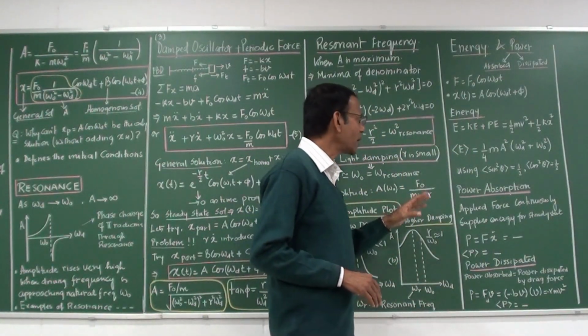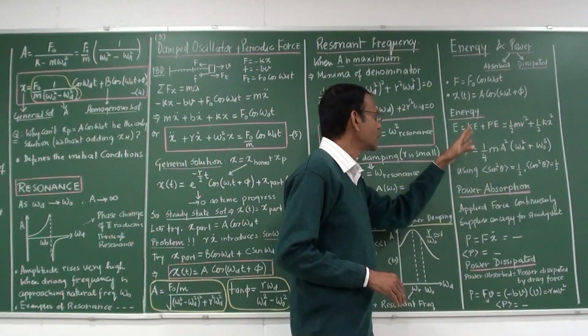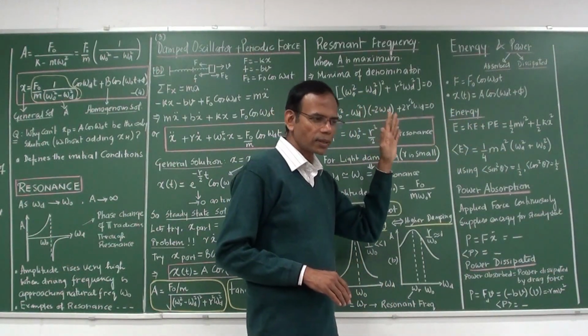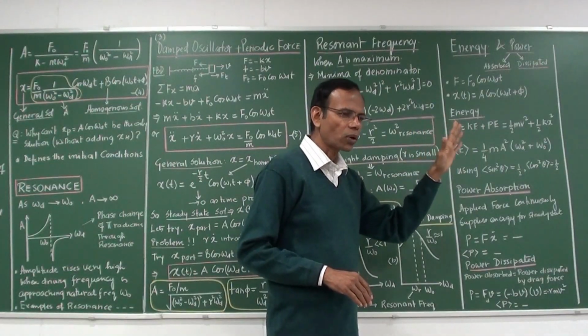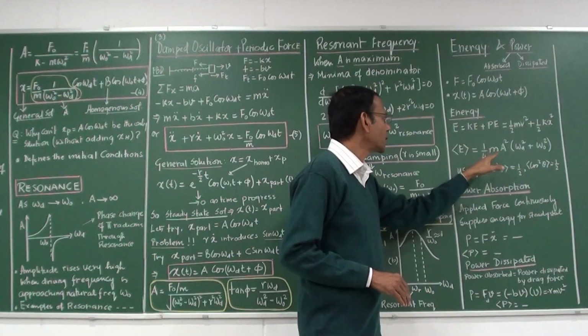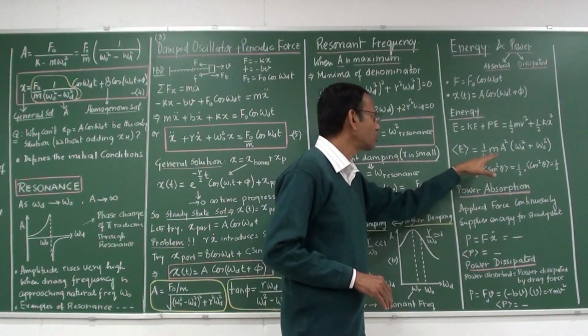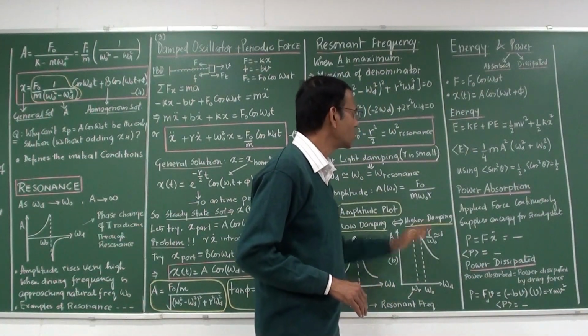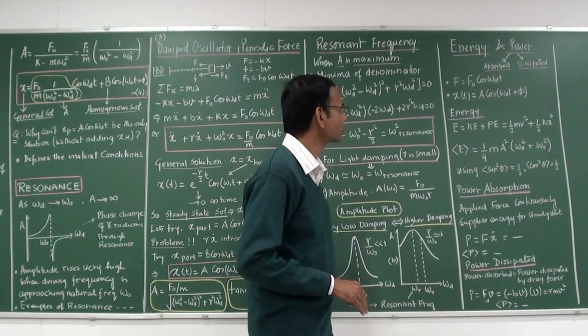If you take the average, the average of sine square and cos square over a cycle is half. So using that, you will get this expression. You need not memorize it, but this is the expression you get using these relations.